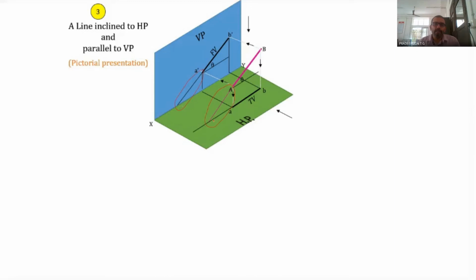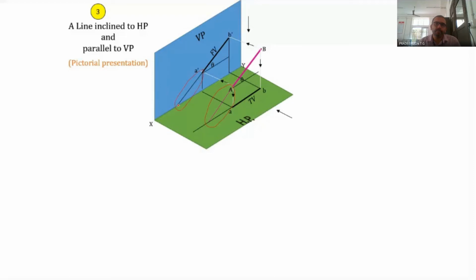Then at this point where the actual line AB intersects with the HP, the projection of that same point can be obtained by extending the front view towards the XY line, and the point of intersection of this line with the XY line is this point.